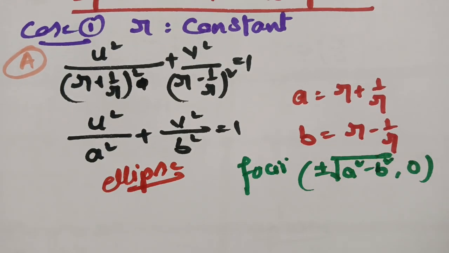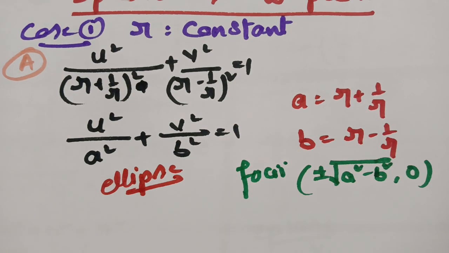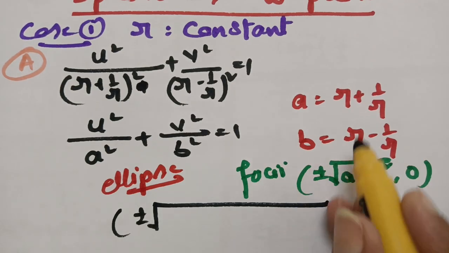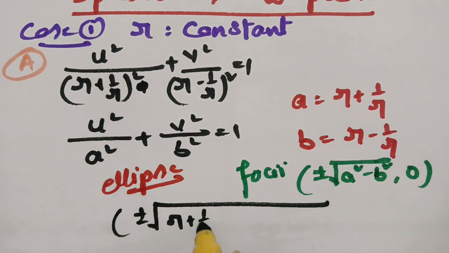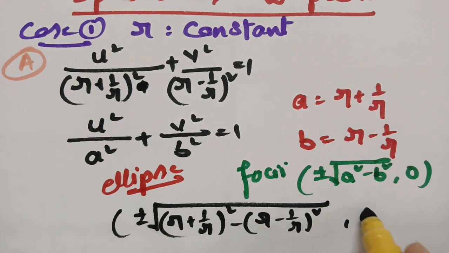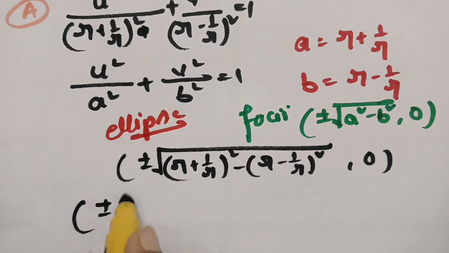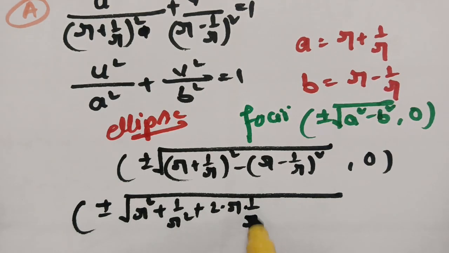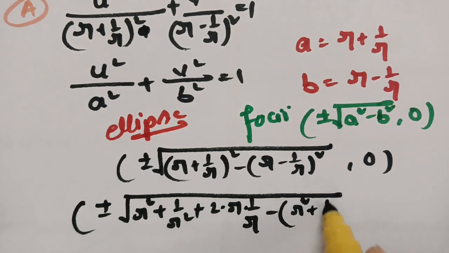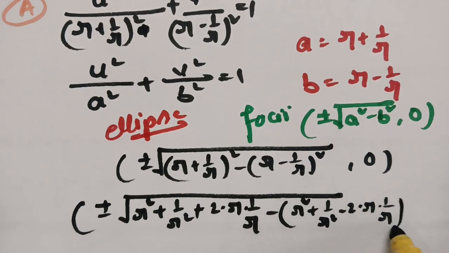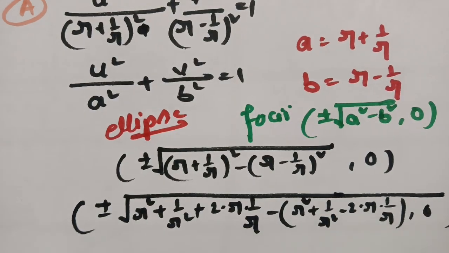So let us calculate root over a square minus b square for the foci. The foci value will be plus or minus root over (r plus 1 by r) whole square minus (r minus 1 by r) whole square, comma 0. If you expand it, a square plus b square plus 2ab minus a square plus b square minus 2ab comma 0.